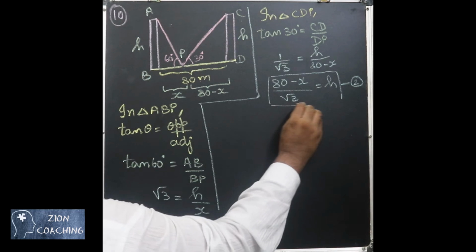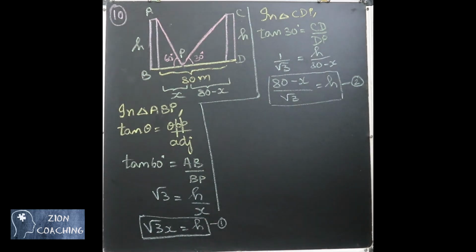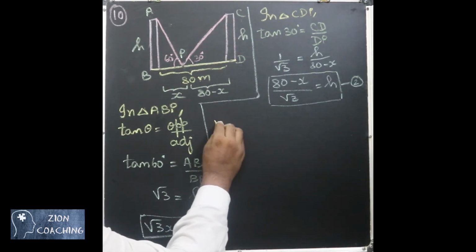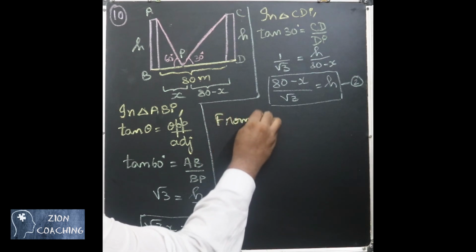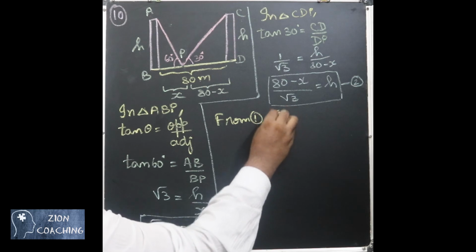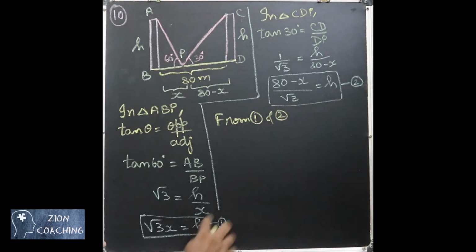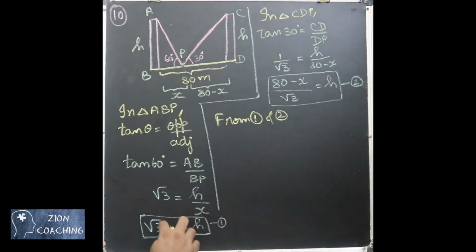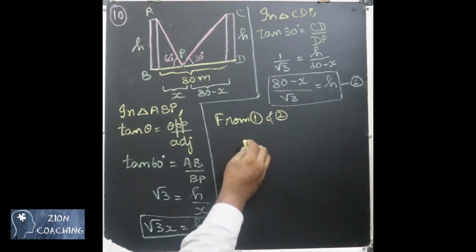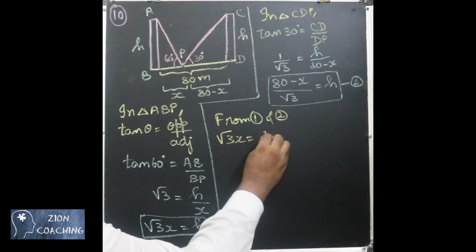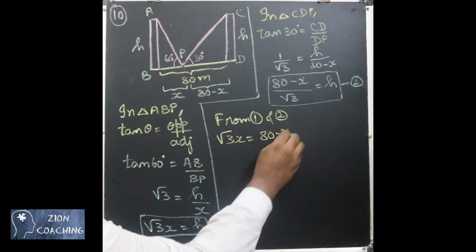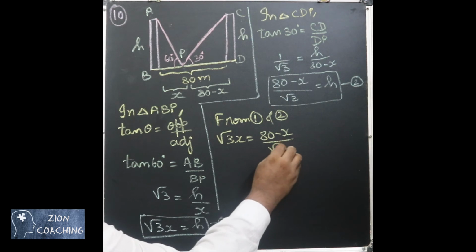From 1 and 2, since the heights of the poles are the same, the left hand sides also will be equal. So we have root 3 x equal to 80 minus x by root 3.